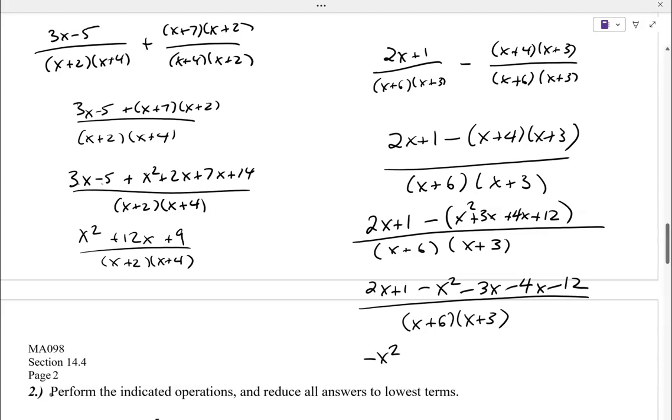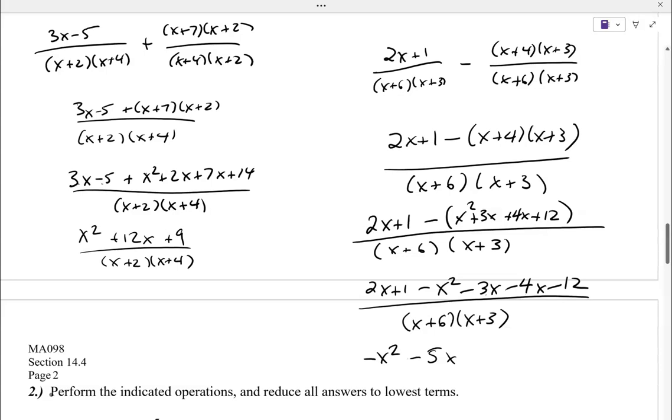The only x squared term we have is that one. 2x minus 3x minus 4x gives you what? 2x minus 3x gives you negative 1x, minus another 4, so minus 5x.